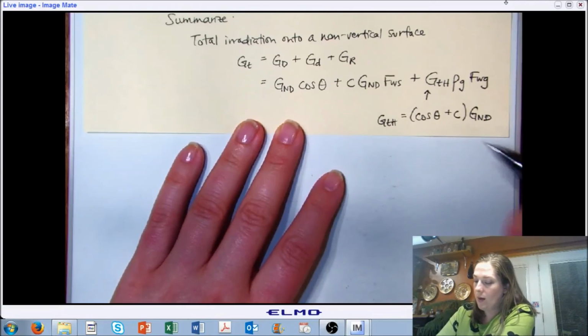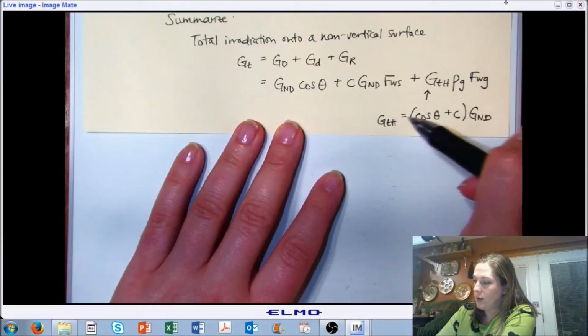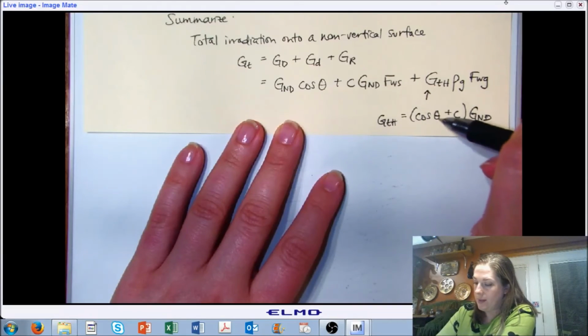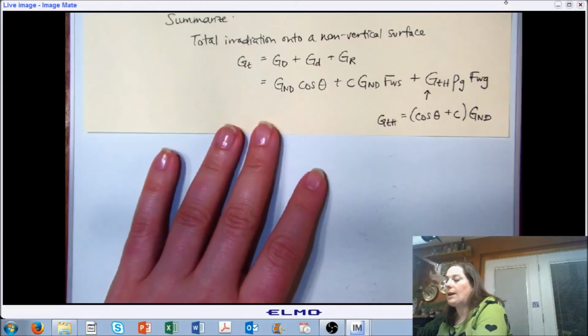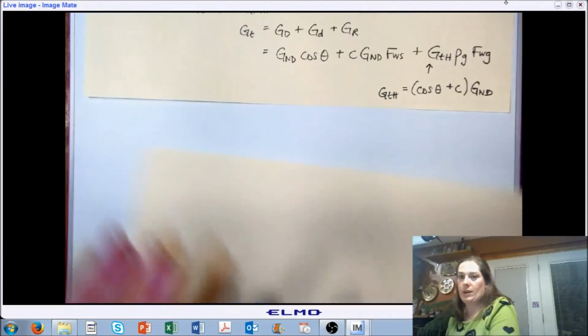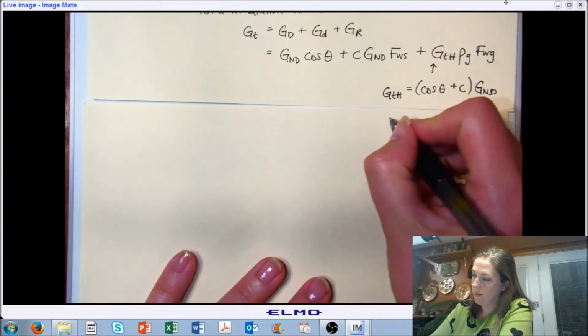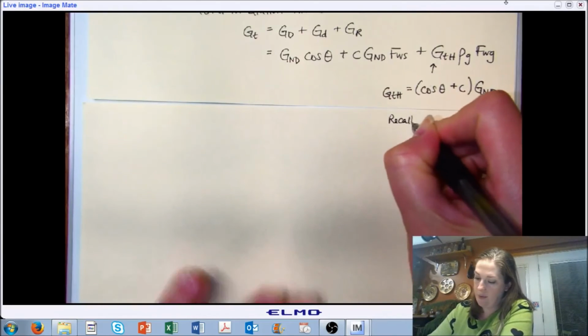so if you recall, for a horizontal surface, the cosine of this angle of incidence is equal to the sine of our beta. Cosine theta equals sine beta. So let's refresh ourselves and go back and look at it if you don't remember that.